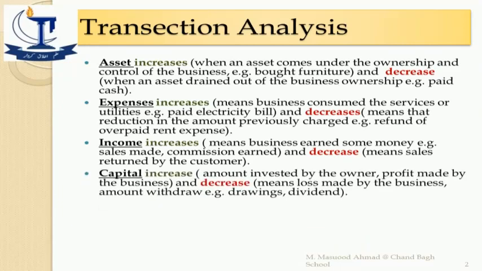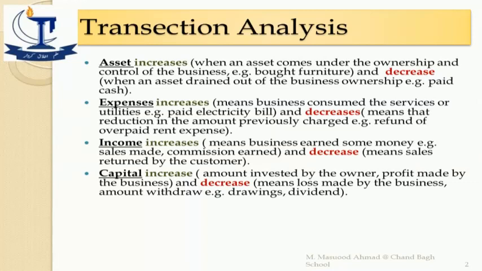The fourth one is your capital. Capital is the amount invested by the owner. Profit made by the business also belongs to the owner, so when the business earns profit, your capital is increased, because this amount will be transferred to your capital account.